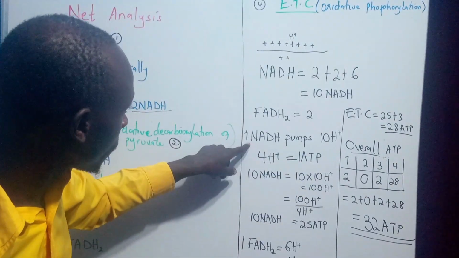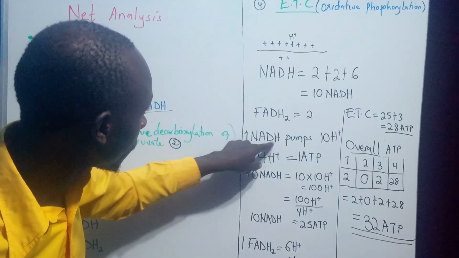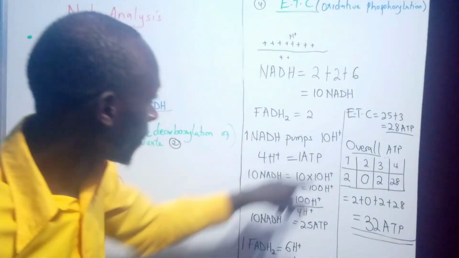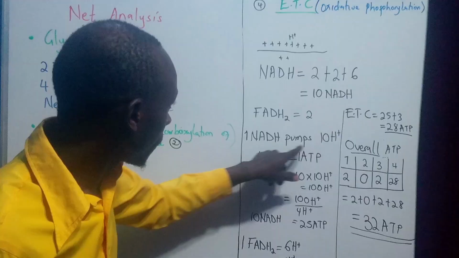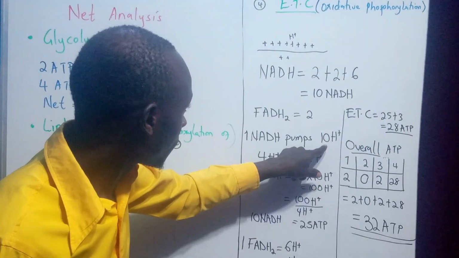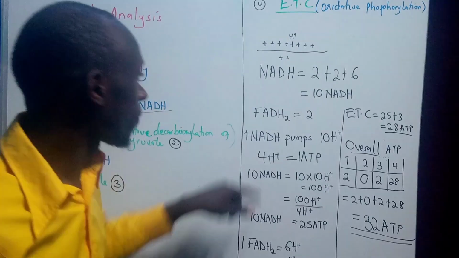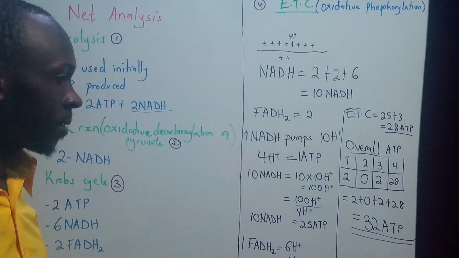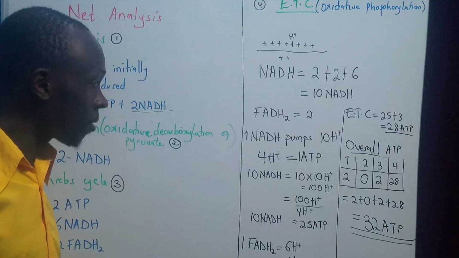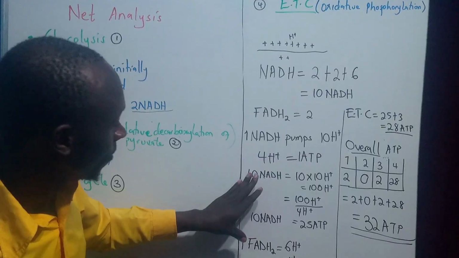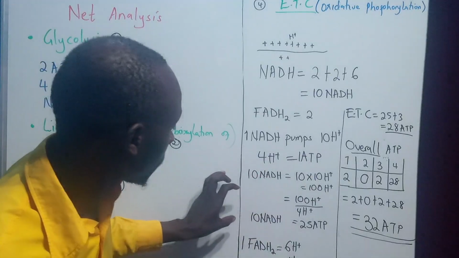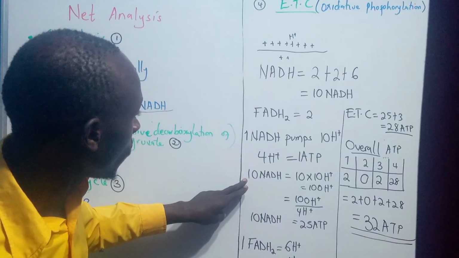So if one reduced NAD molecule pumps 10 ions at a time, what does it imply? It means that each NAD molecule is going to produce how many ATPs? We have 10 divided by 4 ATP molecules, giving us about 2.5 ATP molecules.